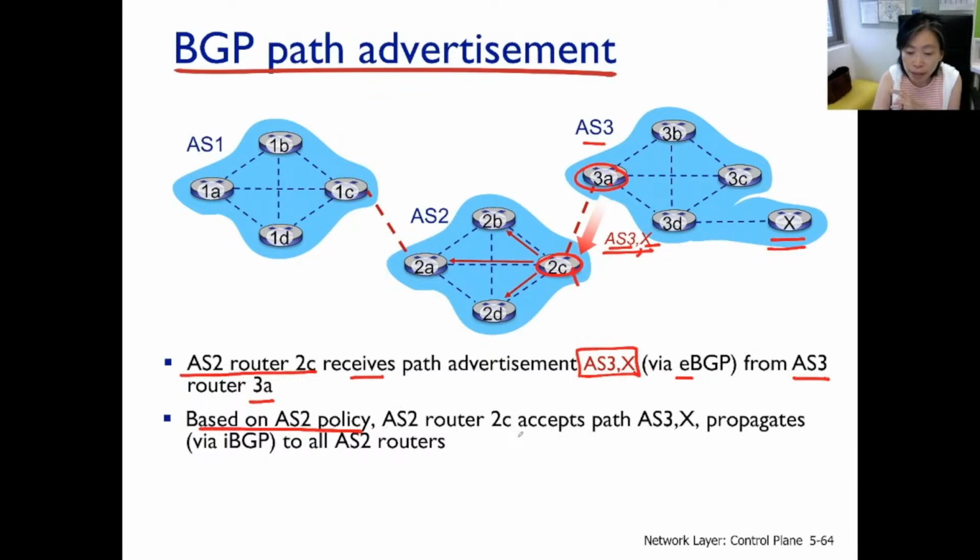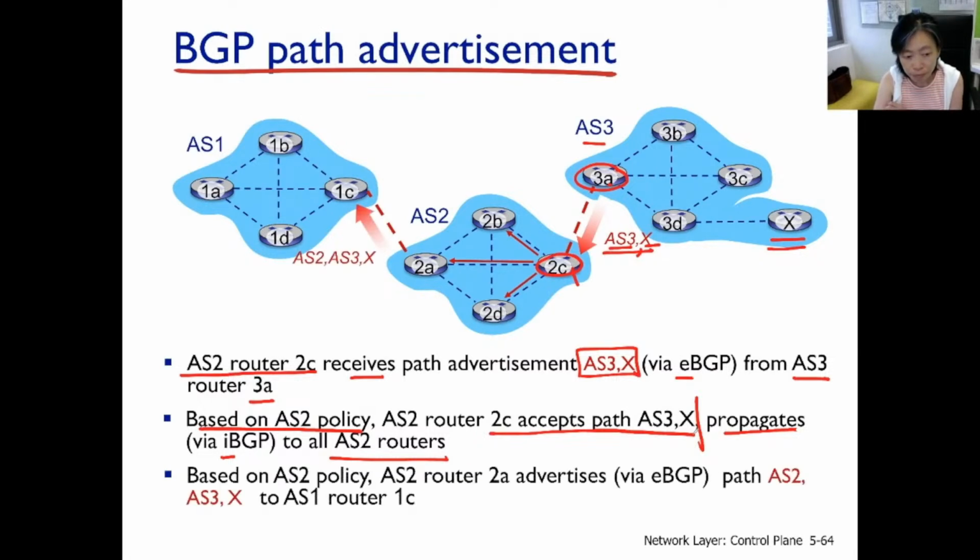If the policy says it's okay to accept the path, then 2C propagates the path to all routers internal to AS2. The sending of these AS paths internally is through the interior BGP connections. So the import policy actually happens before the propagation of the path to all the routers internally.